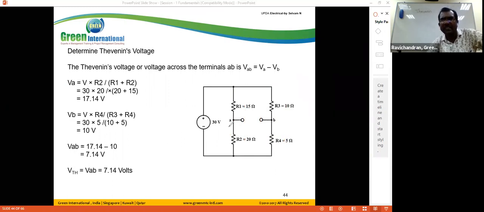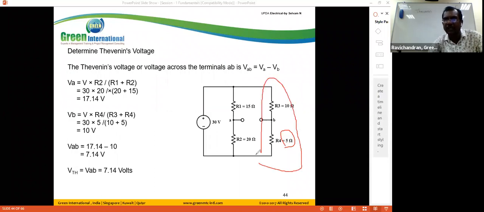So total voltage 30 volts into 20 divided by the total branch resistance 20 plus 15, which gives the voltage VA. Similarly, apply the voltage division rule for this branch. VB is equal to total voltage 30 into the 5 ohm divided by the total branch resistance. Now we consider this branch, so 10 plus 5.